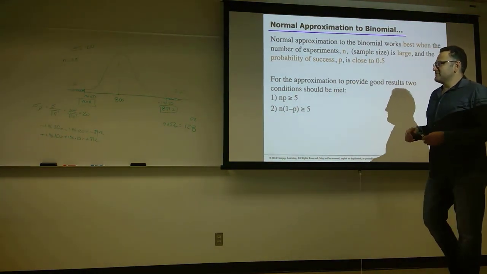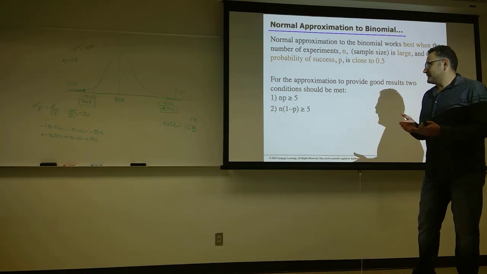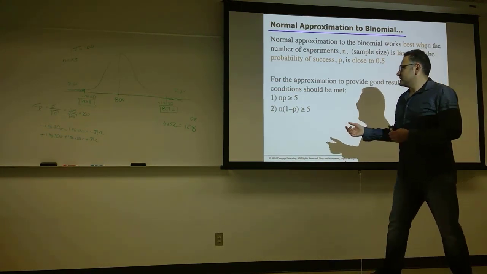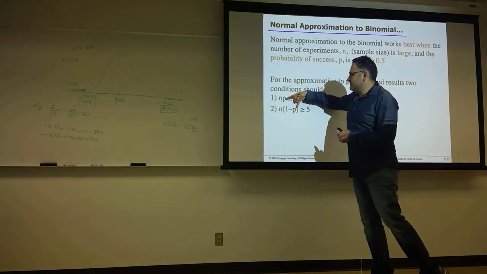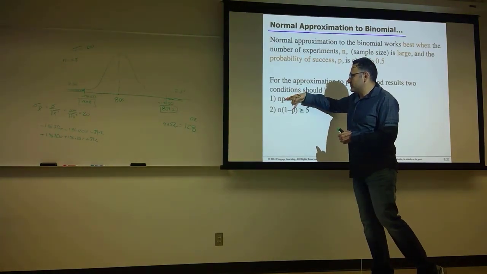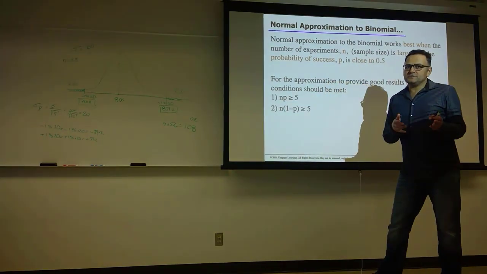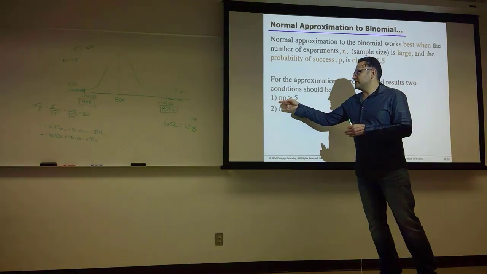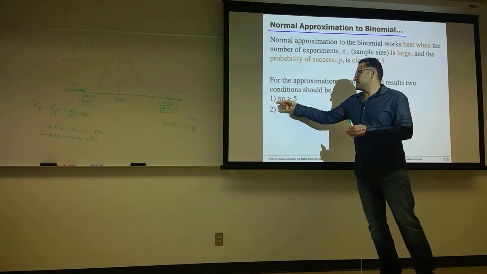So if p is very large, in that case also we need a larger sample size. In other words, if we have an extreme value for the probability of success, closer to 0 or closer to 100%, in those cases we need to compensate with a larger sample size.